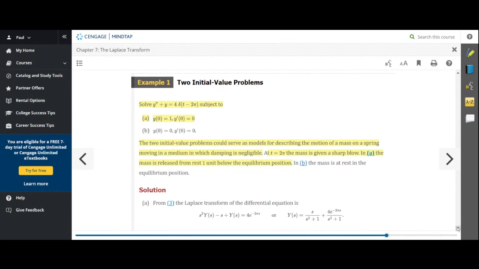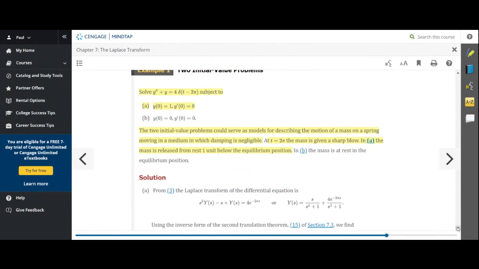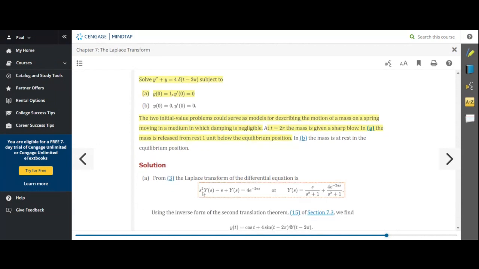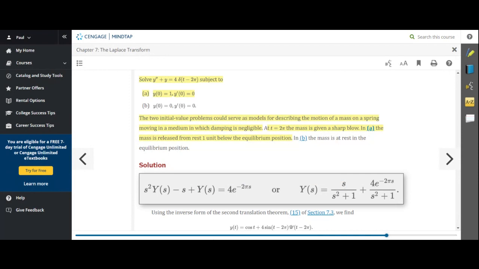On the final exam, I'm going to want to see steps, right? But if you take the Laplace transform of that differential equation, you're going to get s squared times Y of s minus 1 s plus Y of s equals 4 times e to the negative 2 pi s.